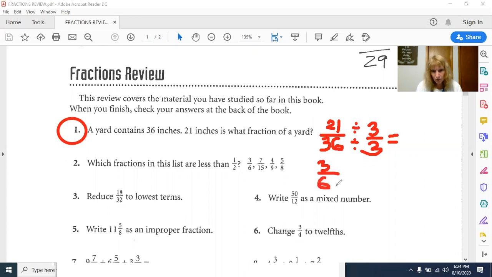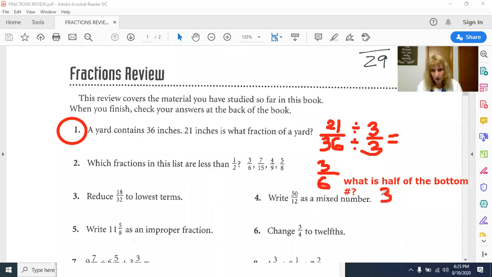What you have to think to yourself is, what is half of the bottom number? So what is half of 6? 3. Let's write that in there then. Half of 6 is 3.